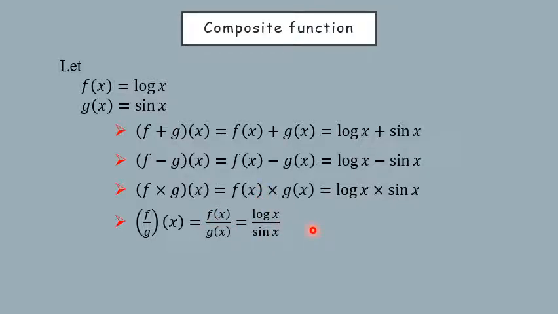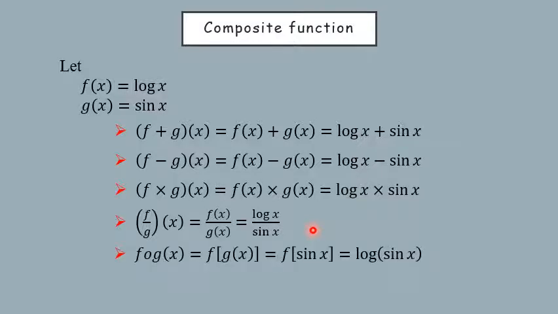Similarly, the composition of these two functions is denoted by (f o g) of x, that is f of g of x. Here g of x is sin x, so we write f of sin x, but f of x is log x, so f of sin x is log of sin x. So this log of sin x is called the composition of these two functions.